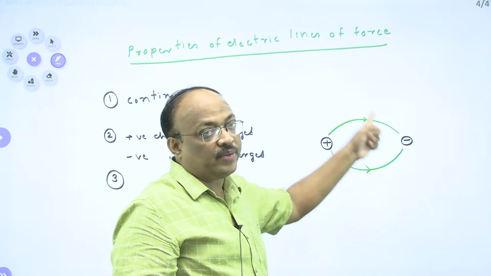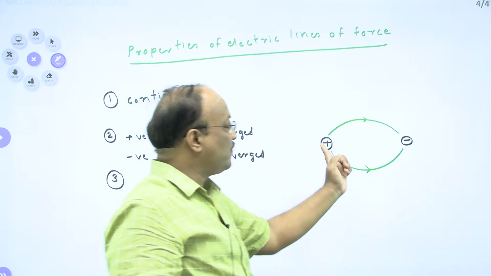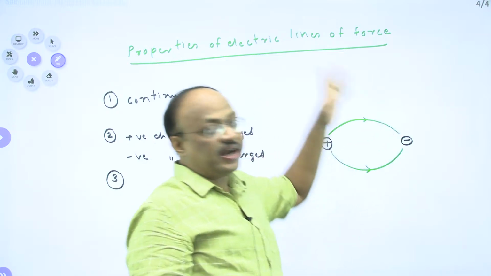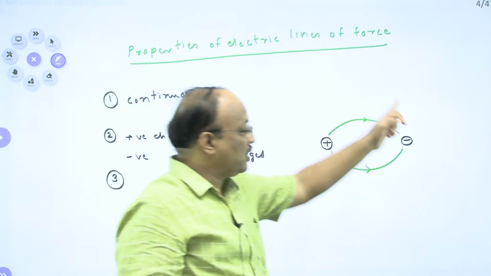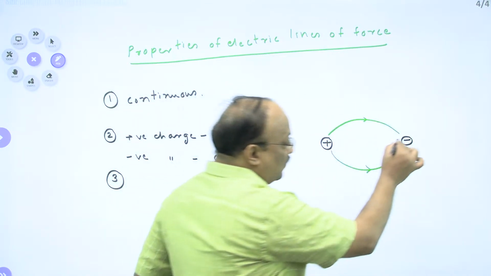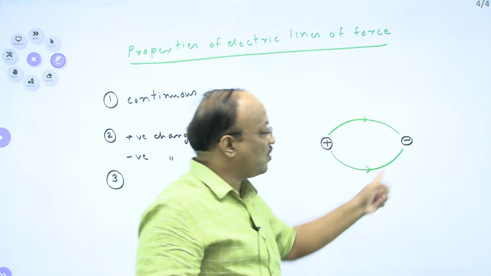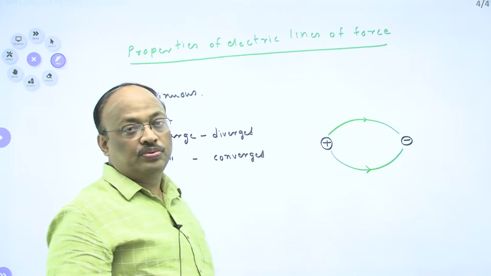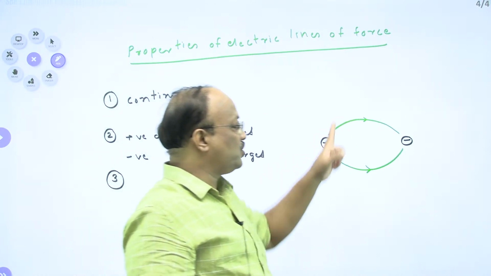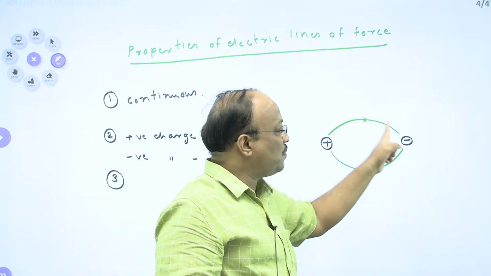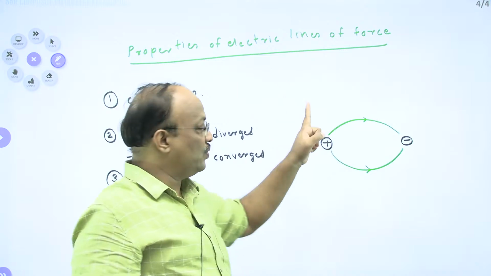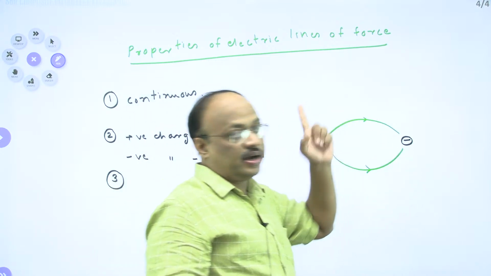Starting from positive charge they will end at negative, but never start from negative and close at positive. It will not form a closed loop.